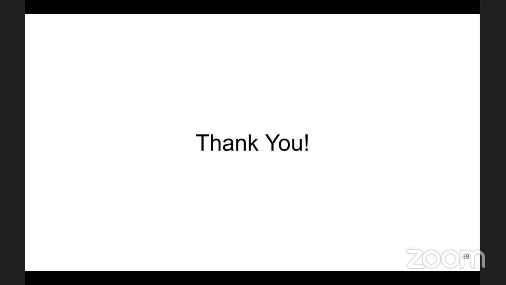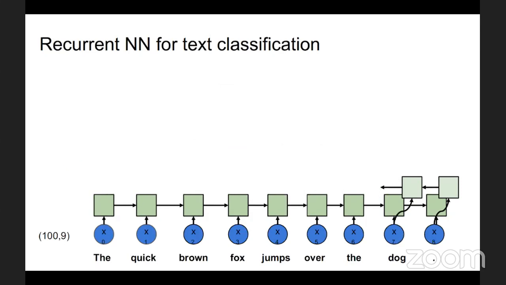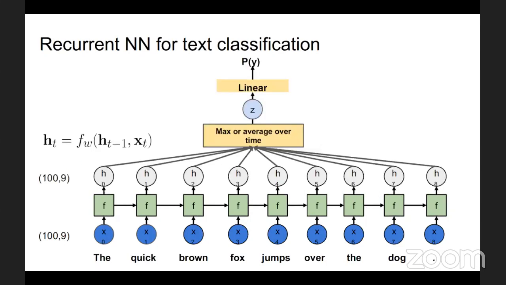Can you go back to the previous slide? In this recurrent network, we pass each word separately. We first pass the first word, get the output of it, and pass the information to the next word.